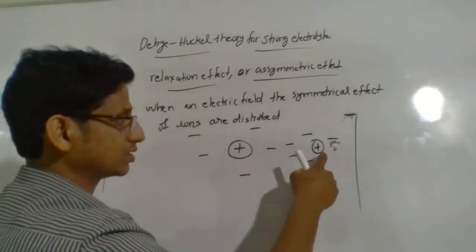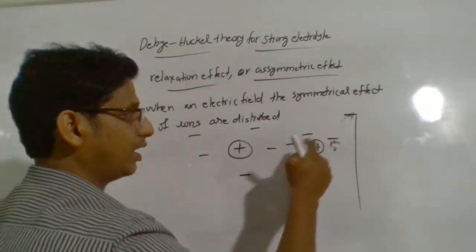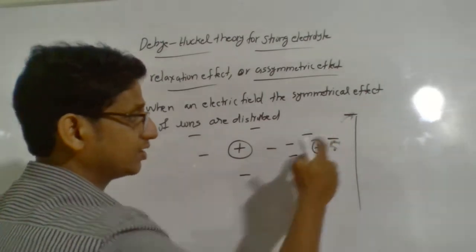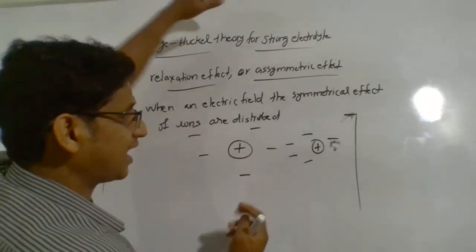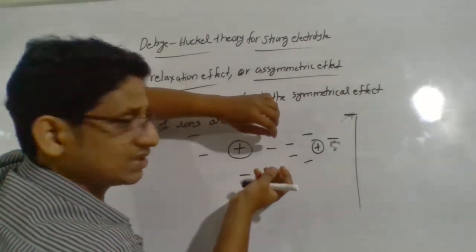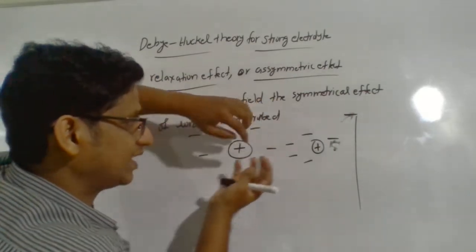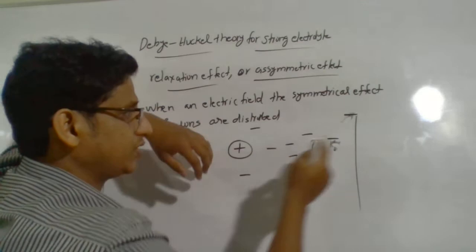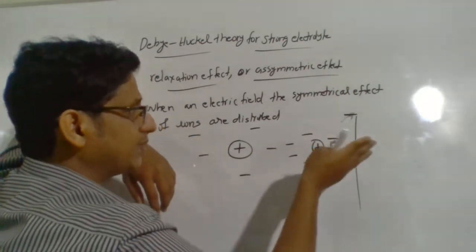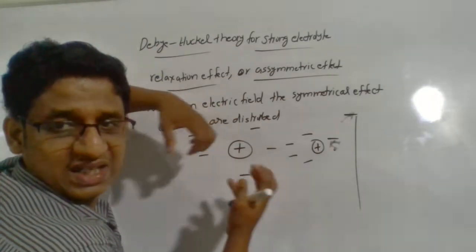Here the symmetry is lost. More negative ions will be on the back side of this particular ion and fewer negative ions on the front side. There is still a dragging effect, because the negatively charged ions on the back side do not allow the positive ion to move towards the negative electrode. They always have a dragging, retarding effect.